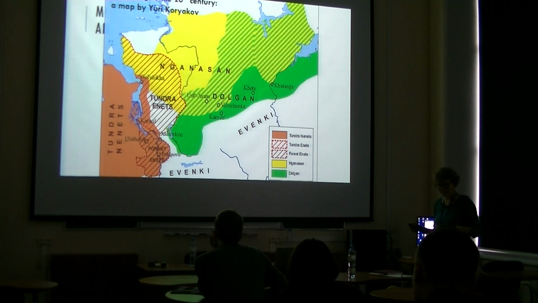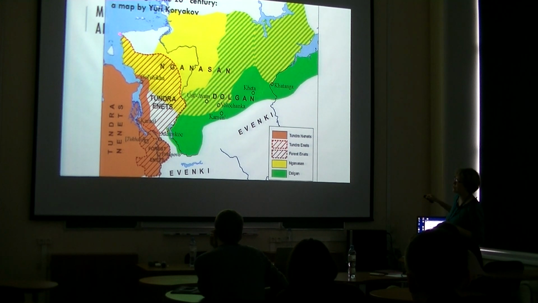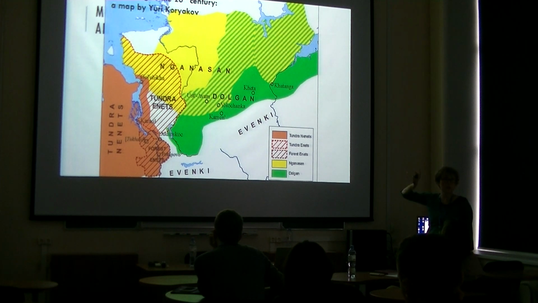This is a very important point that I was going to make, that the density of population is very, very low. So if you speak of the number of kilometers, this is about 500 kilometers from here to here, and maybe 600 from here. And this is about 1,000 kilometers, so it's a huge area. And each color spot here corresponds to about 300 to 600 people.